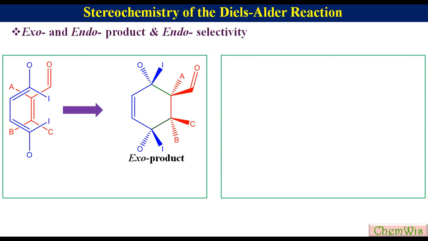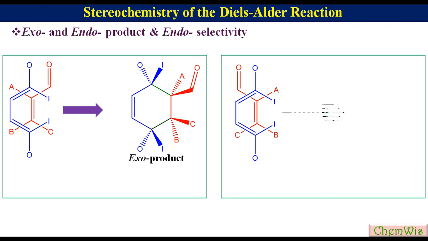The other way of orientation of the dienophile is like this, where we can see that the electron withdrawing group is directing towards the developing double bond.